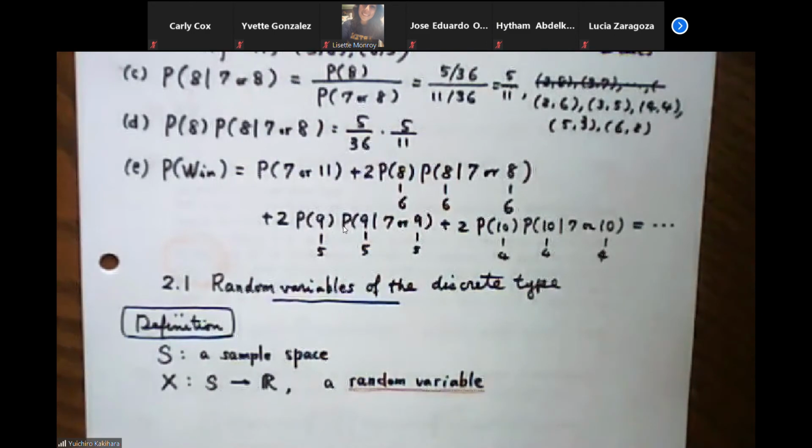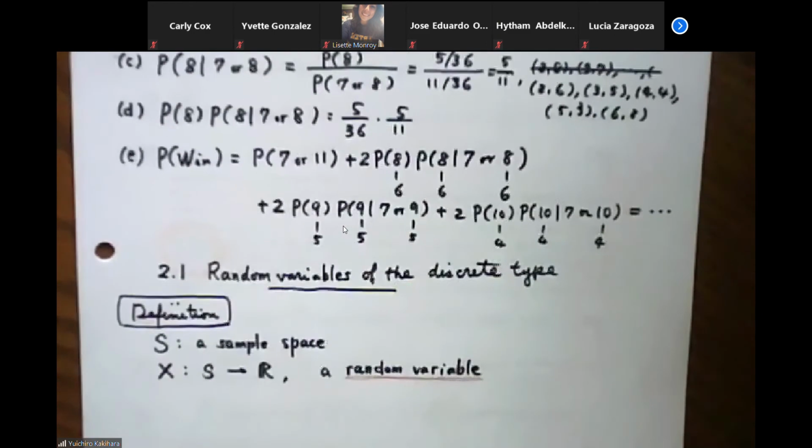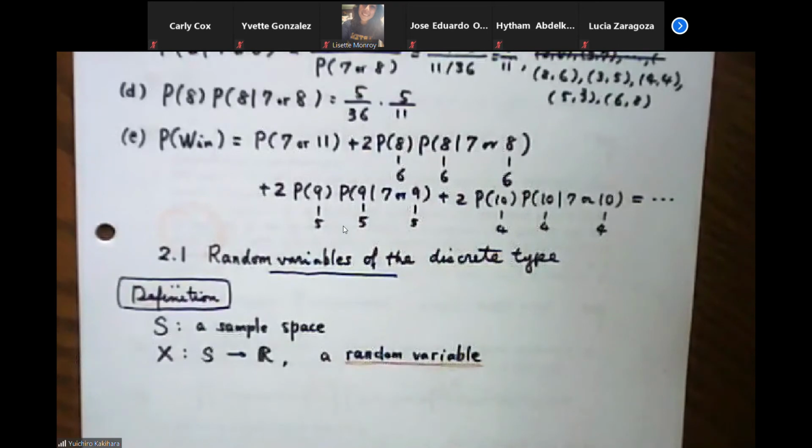Then what is the difference between the usual function and a random variable? We're talking about the discrete case. Usually S consists of finitely many points. Well, it could be infinite, like S1, S2, S3, and so on, or it could stop at finitely many points.